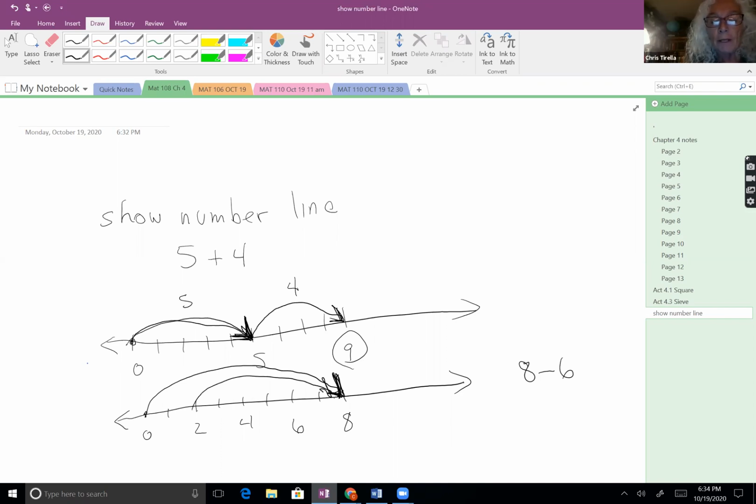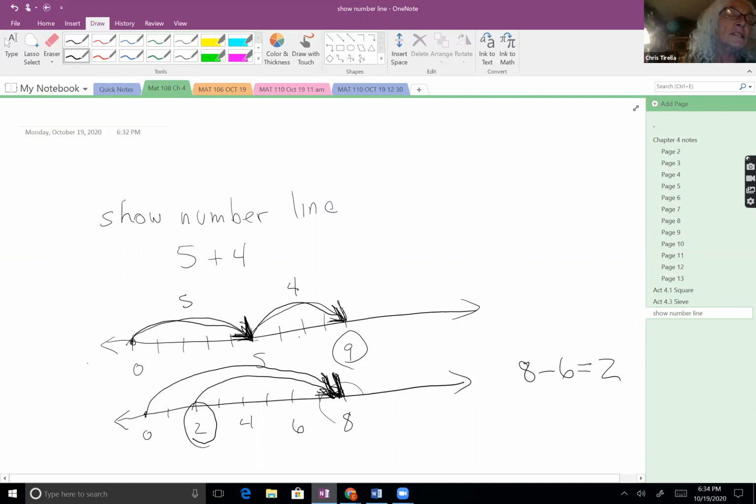But the arrowhead should also be pointing to 8. And so we'll say that that difference is 2. It's based on that missing addend definition of subtraction: where did I need to start from with that arrow of length 6 to end at 8? So when you draw your number lines, make sure you put those arrowheads on the end of each.